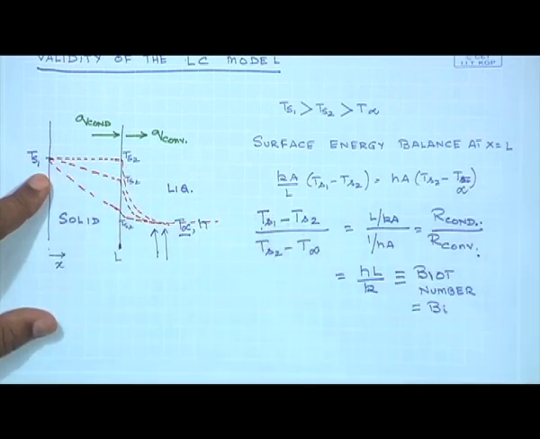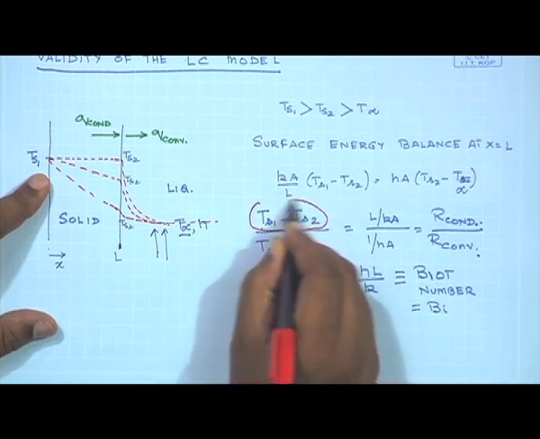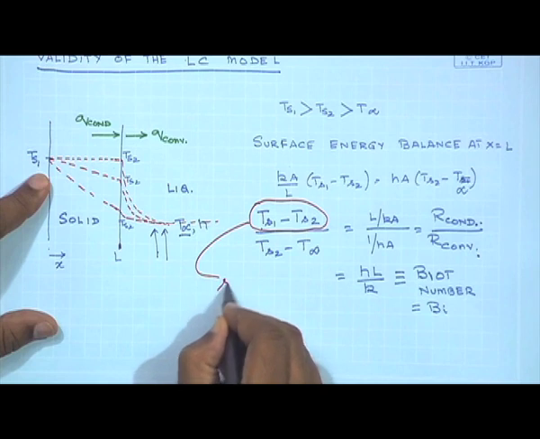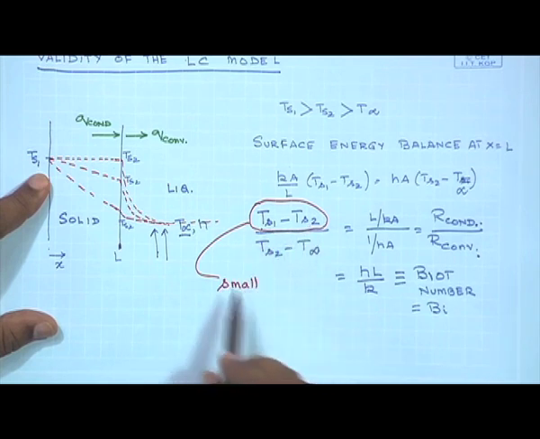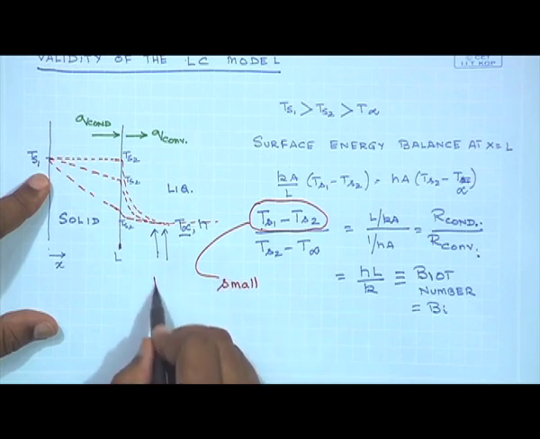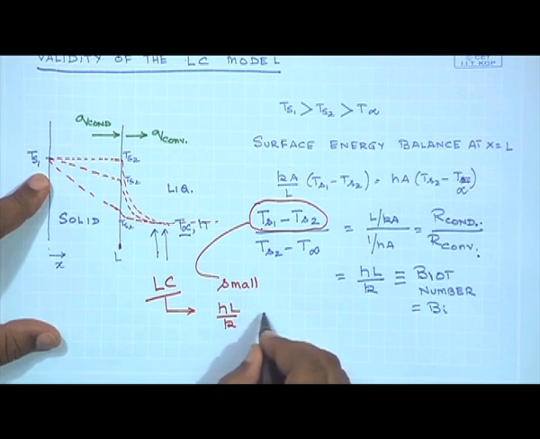In order for the LC model to be valid, you would like the temperature drop in the solid to be small. So, in order for LC to be valid, your hL by k should be small.